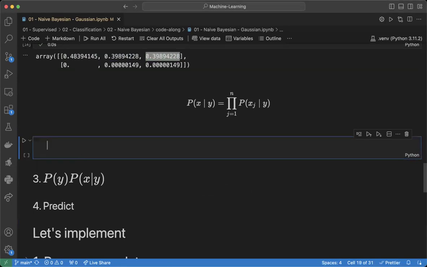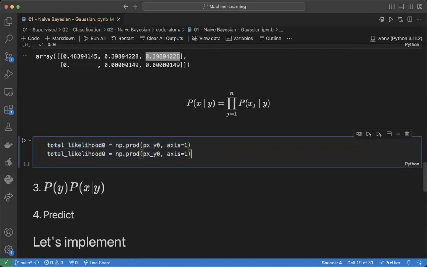So the total likelihood of class 0 is equal to np.prod of Px given y 0, x is equal to 1, and similarly this one for 1.